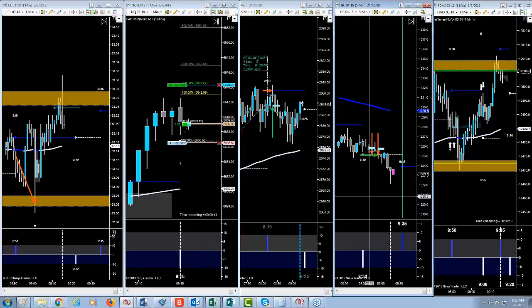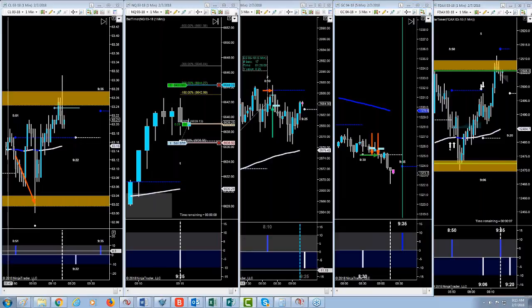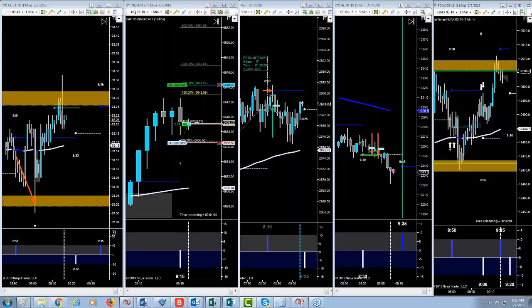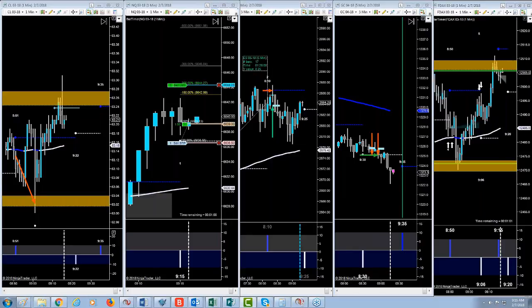The open will be here in 14 minutes. Remember, if the trade isn't working right away, it's okay to bail if it hits your time stop, right?